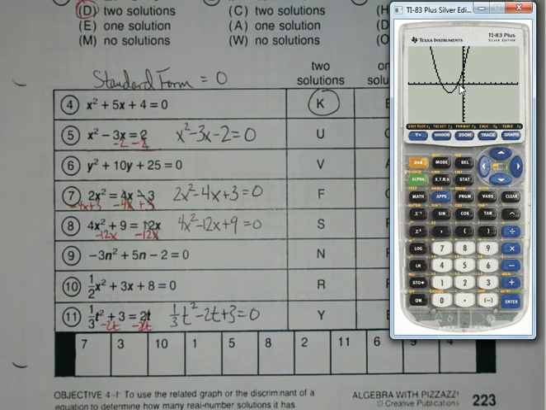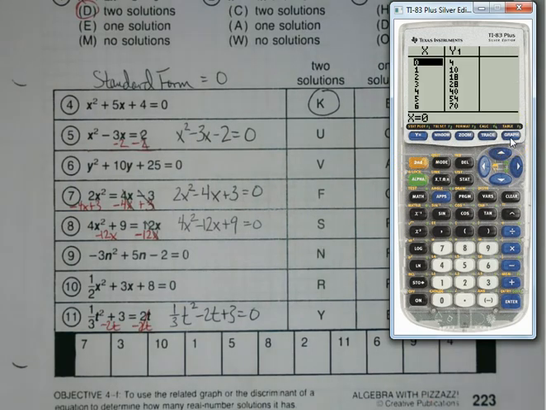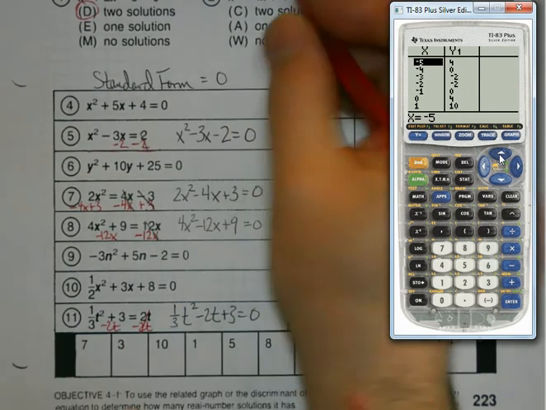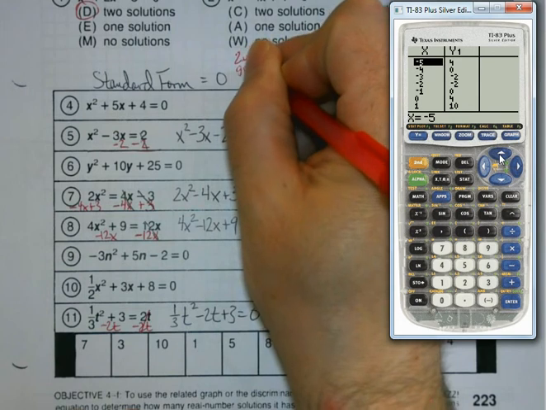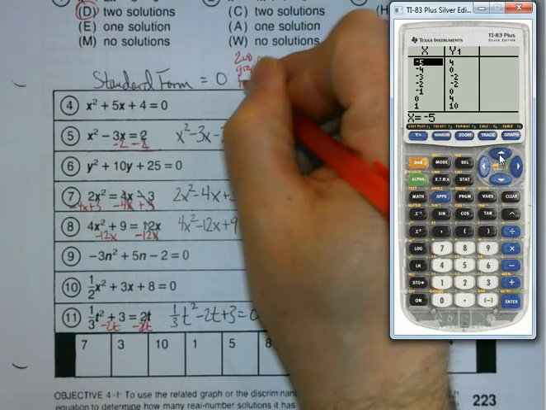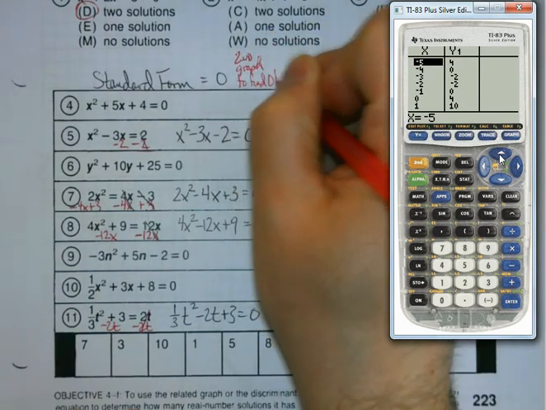Now, if I wanted to find the answers, and I'm going to do that in a couple of these because it's good practice, I could hit second and graph and hope that I would find zeros. Okay, so if I want the zeros, I'm going to do second and graph to find the zeros.